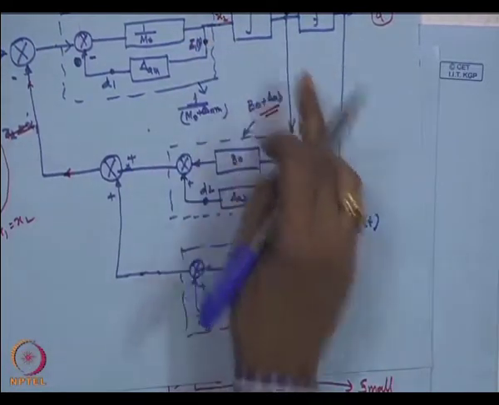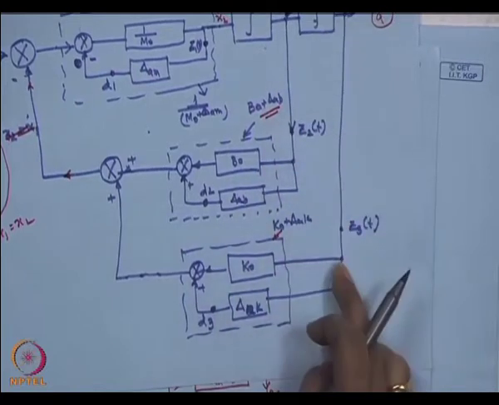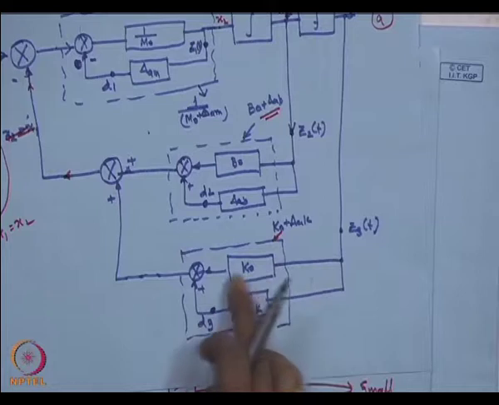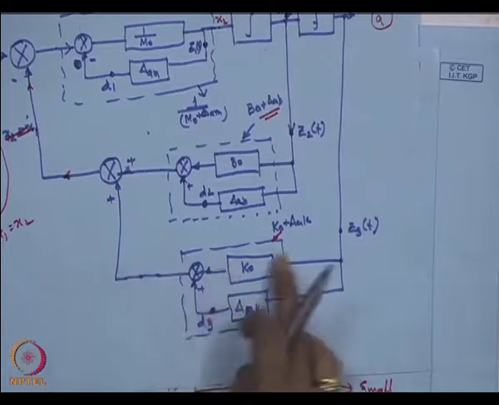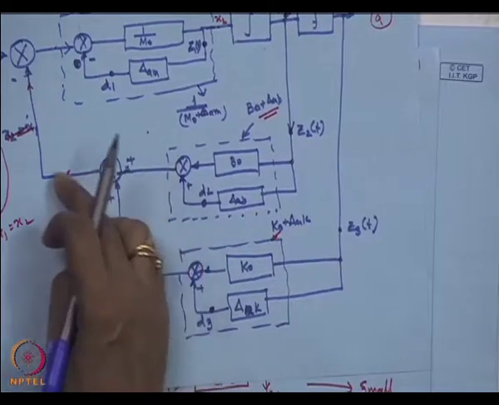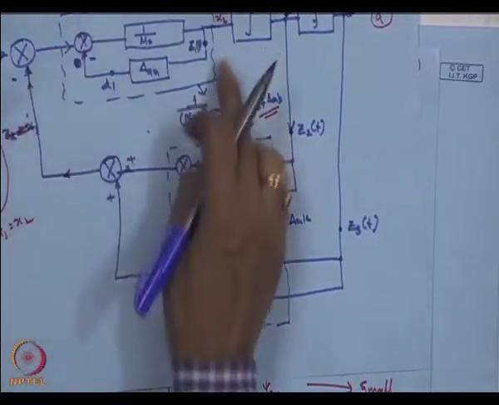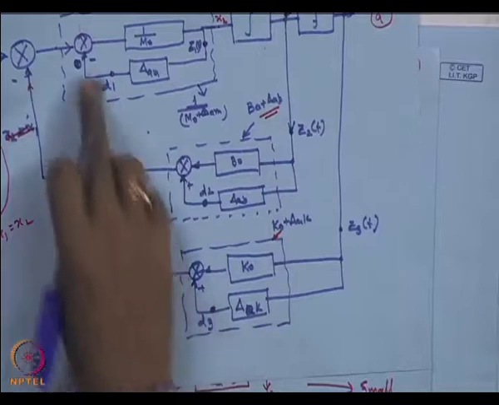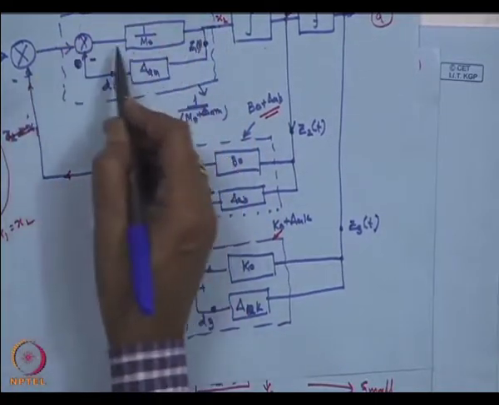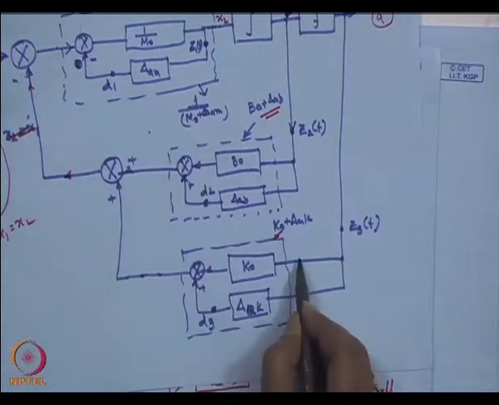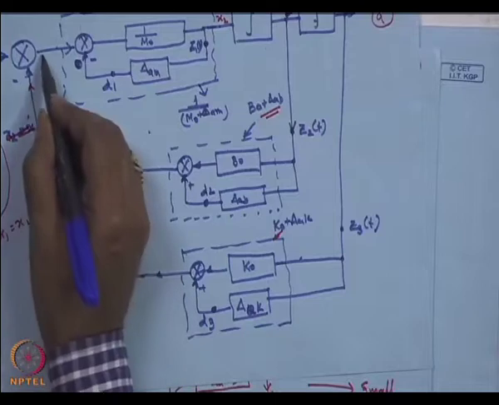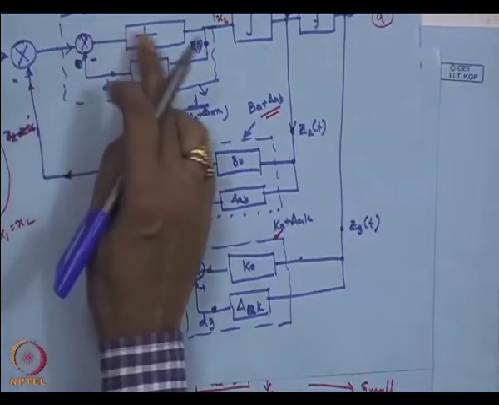So, if you see, x 1 into k 0, this one signal going x 1 into k 0, going this way, divided by this, passing through 1 by m 0. So, this is going here, coming here, going here, then passing through this block.